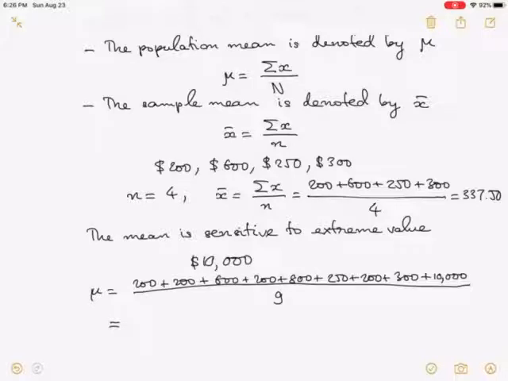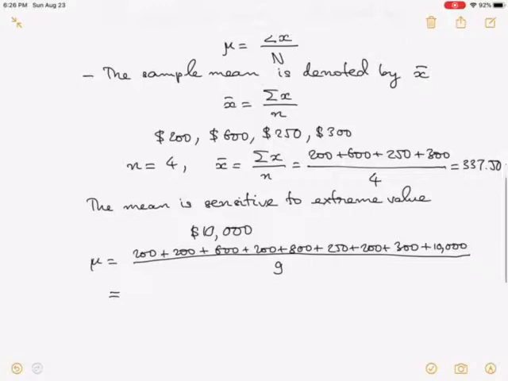So let's see, how much is it? You will get that the price now is around 1,416.67.